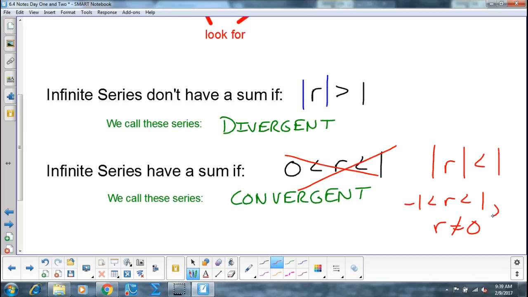Okay? So it works for negative r values too. Same rules apply. Outside the positive, if it's bigger than 1 or smaller than negative 1, it doesn't work. In that negative 1 to 1 range, it works and we can find it. Okay?